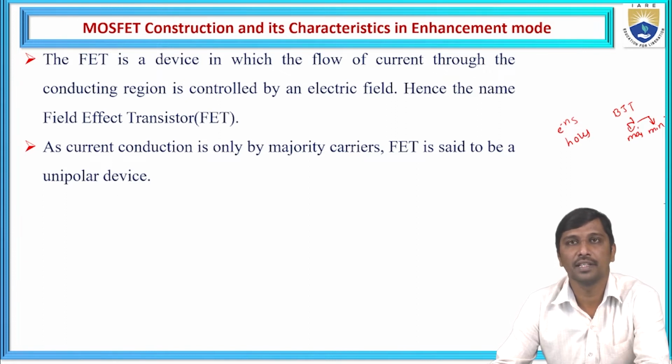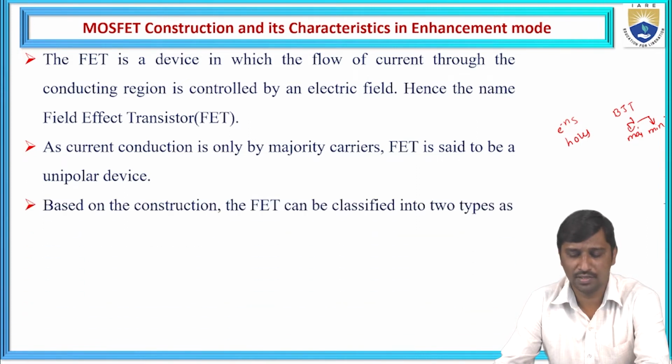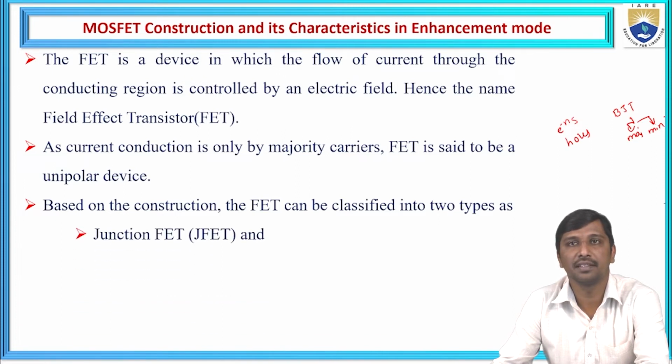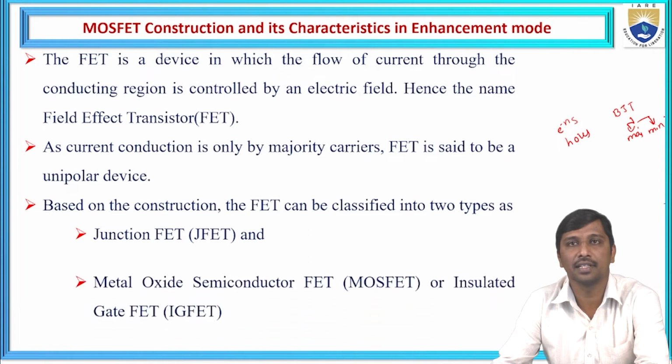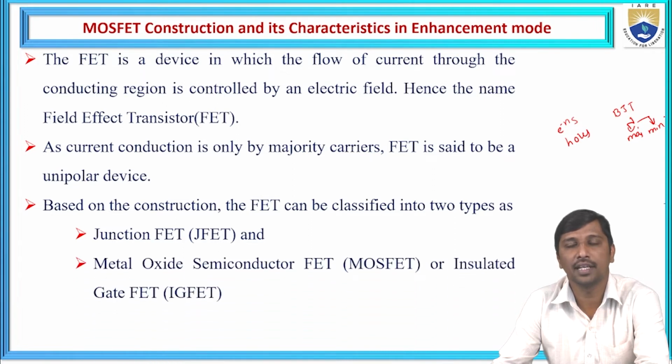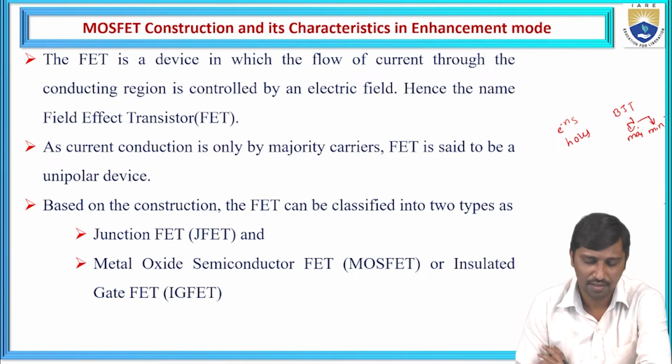Hence, the FET is called a unipolar device. The FET is classified into two types. One is the junction field effect transistor, and another one is the metal oxide semiconductor field effect transistor, also called the insulated gate field effect transistor.